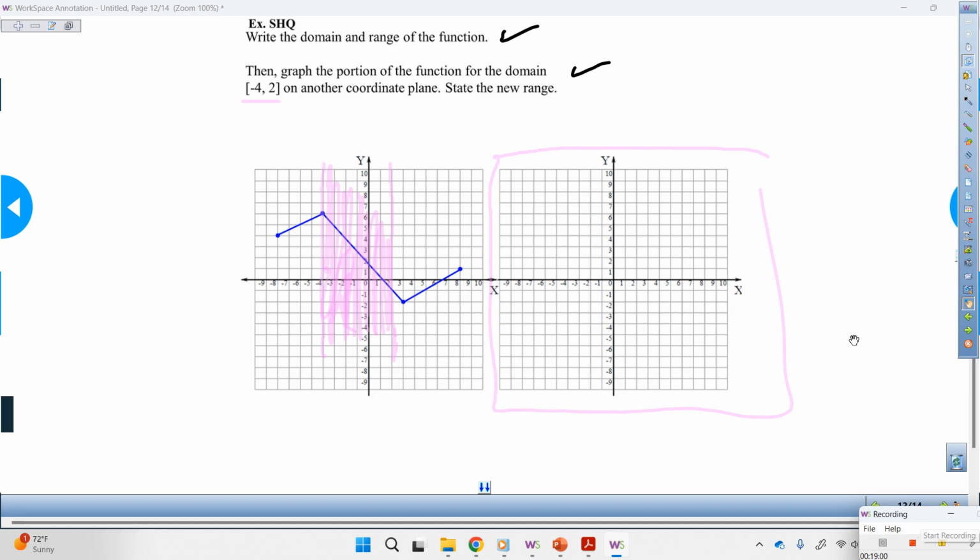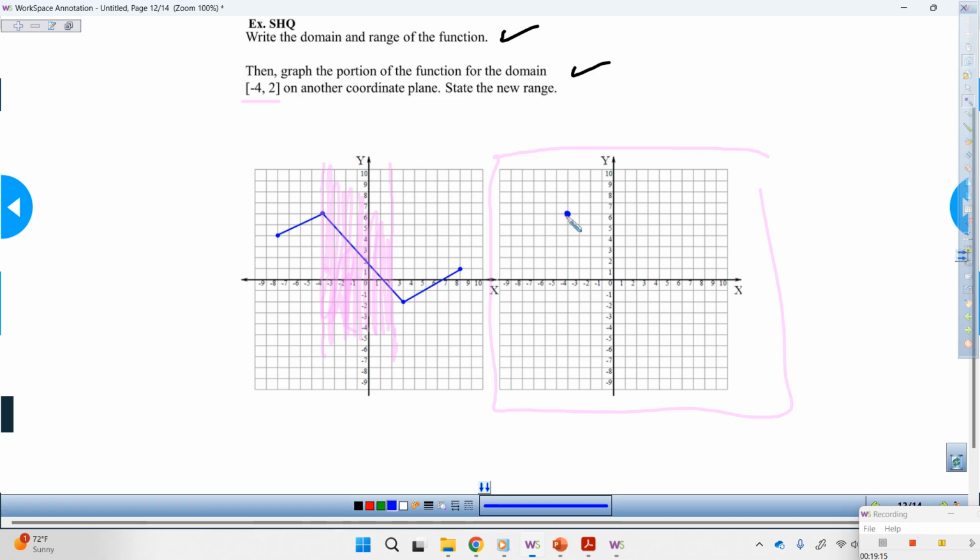All right? So, going from left to right, give me the section that I need to graph. Where do I start? Help me out, Caesar. Give me a pointed plot for the new one. Where did you start? Negative 4, 6.